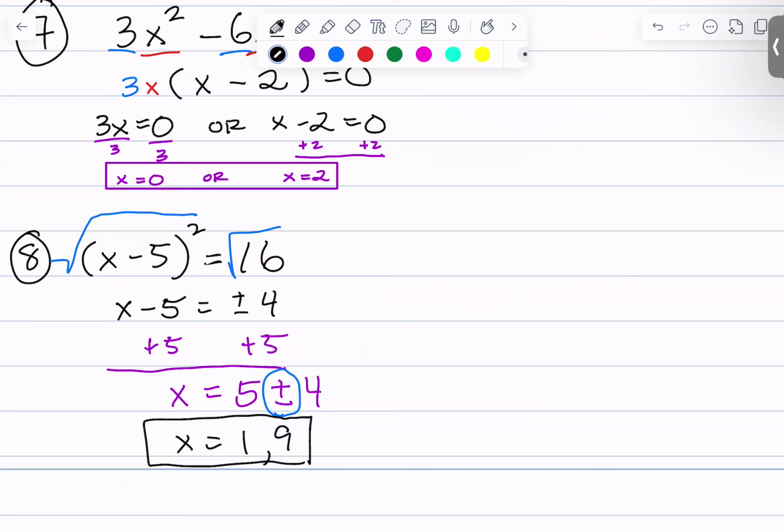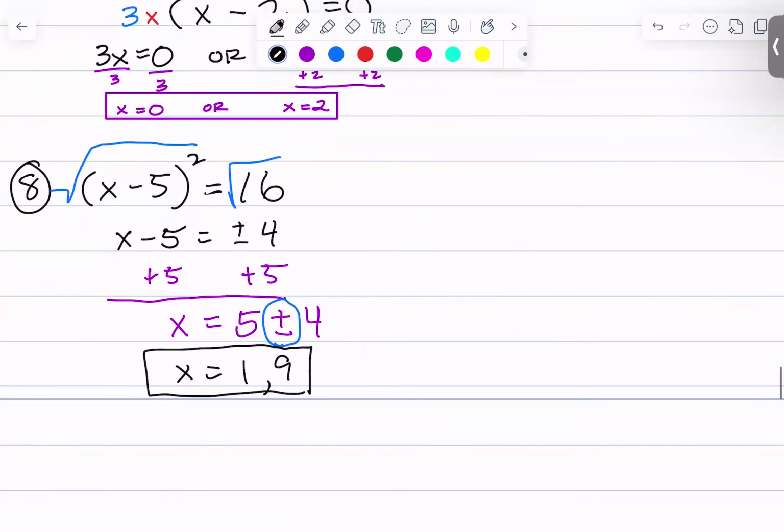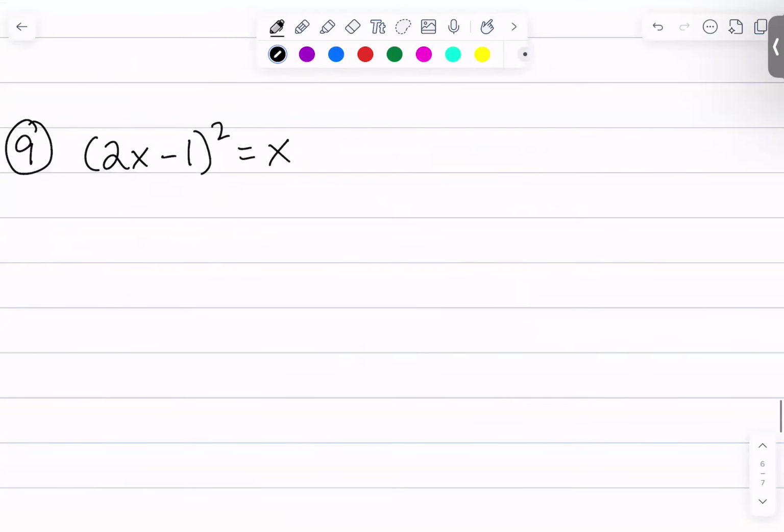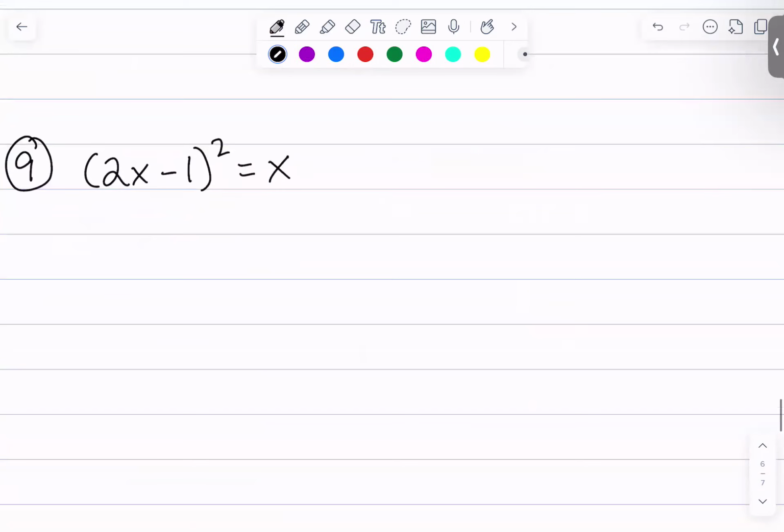Last one of the day. This one's a little bit different from number 8 because it equals x. Okay, so you see the two variables, right? One variable here, one variable here.